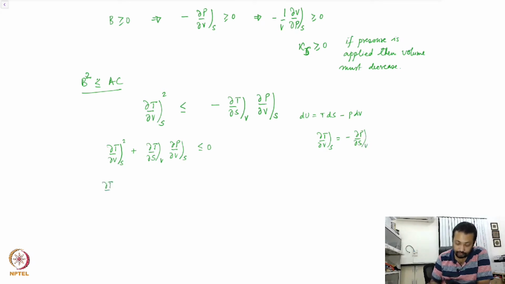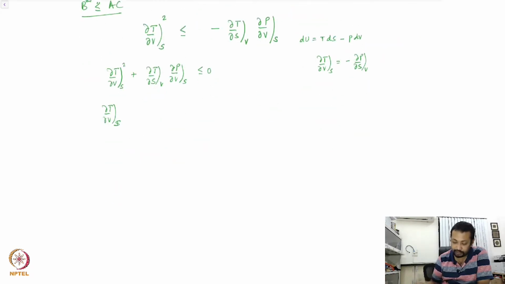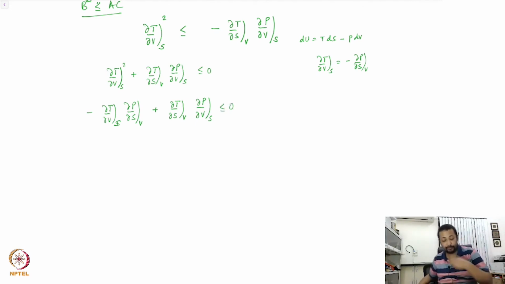So I'm going to keep one ∂T/∂V at constant entropy, and you will see in a moment why I want to keep it, and I'm going to replace the other one, since it's a square, with minus ∂P/∂S at constant volume, plus ∂T/∂S at constant volume times ∂P/∂V at constant entropy, must be less than or equal to 0. Now can you see that this is ∂(T,P)/∂(S,V).